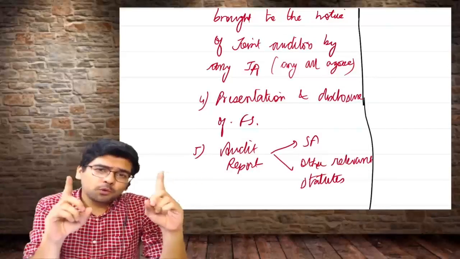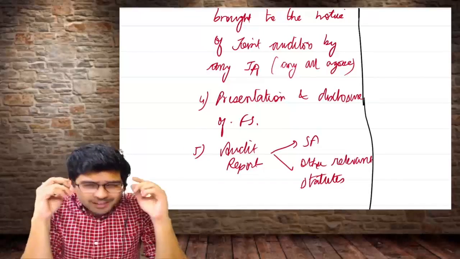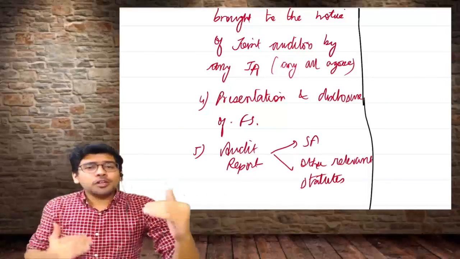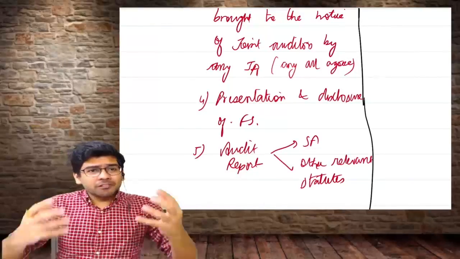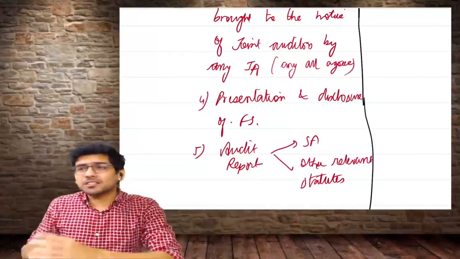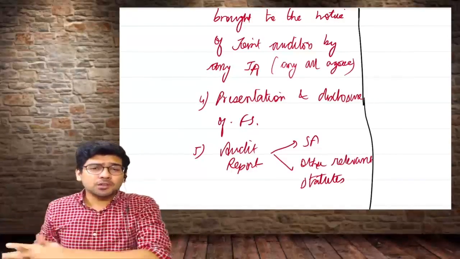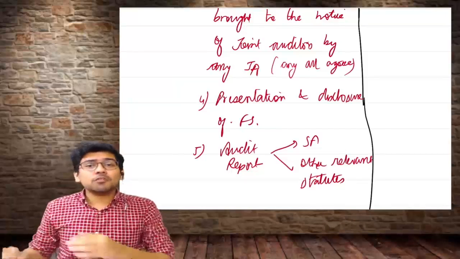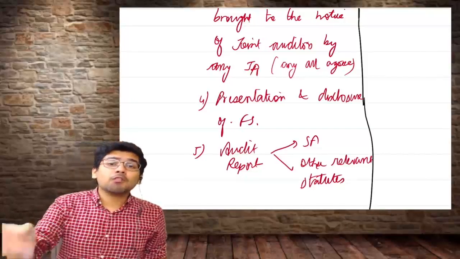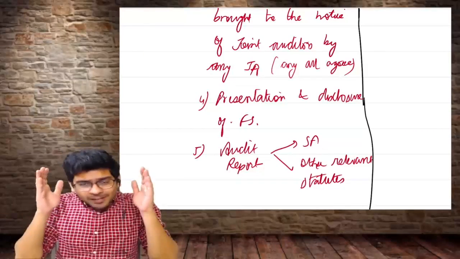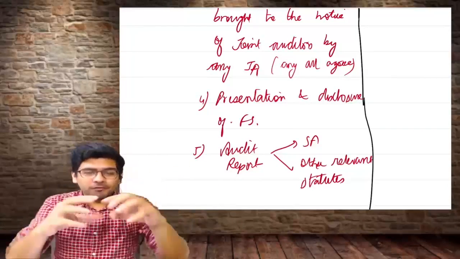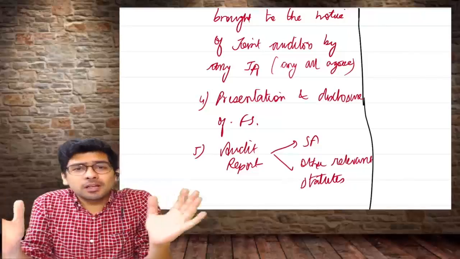That means all will come to one particular opinion. When they give an audit report, they need to ensure that they have done their audit in accordance with the standards on auditing. They have complied with all other relevant statutes. Let's say for companies, they have complied with section 143(3), section 143(1), and the requirements of CARO under 143(11), all these things. So when they issue a common audit report, all of them will obviously be jointly and severally liable for it.